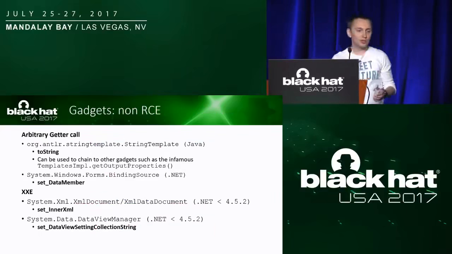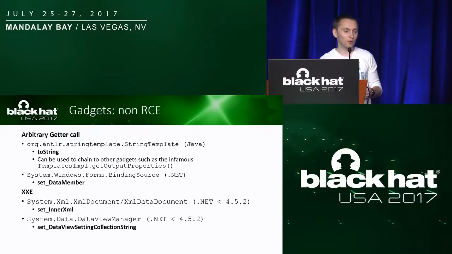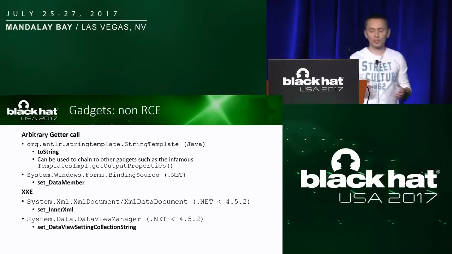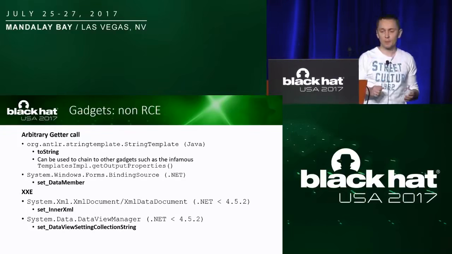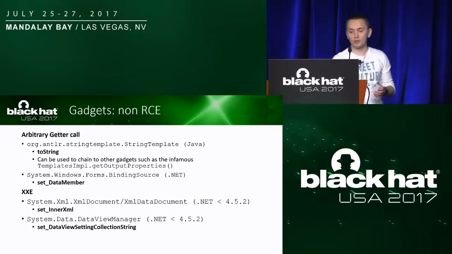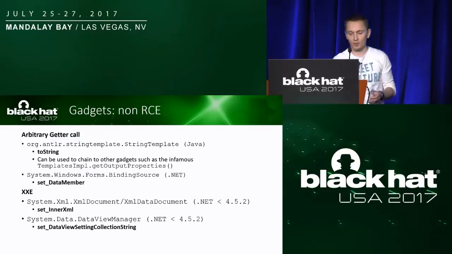Apart from the gadgets that allow code execution by themselves, we have a few other interesting gadgets. Some of them can be used as building blocks for gadget chains, like StringTemplate toString in Java, or BindingSource setDataMember in .NET, which can be used for an arbitrary getter call.